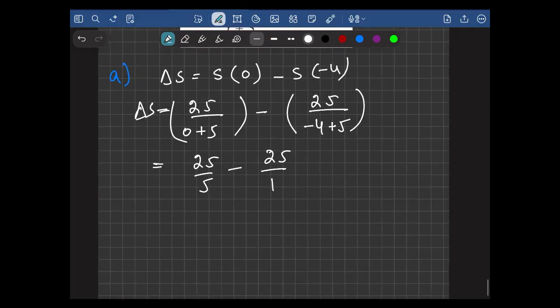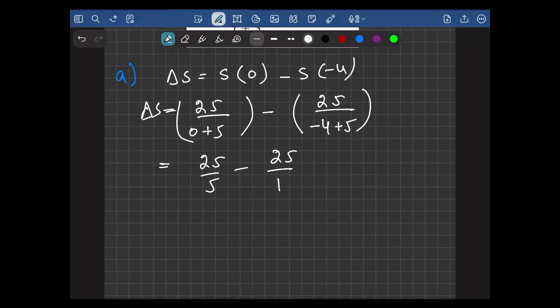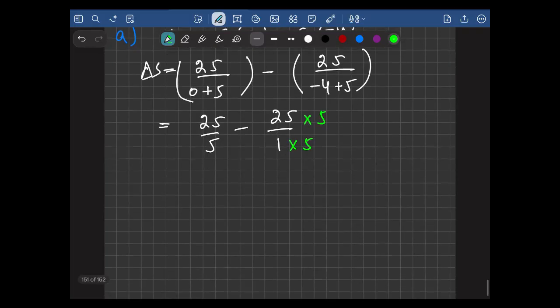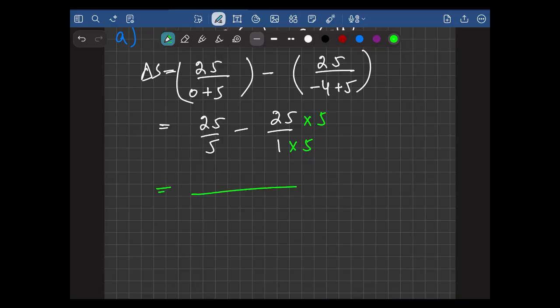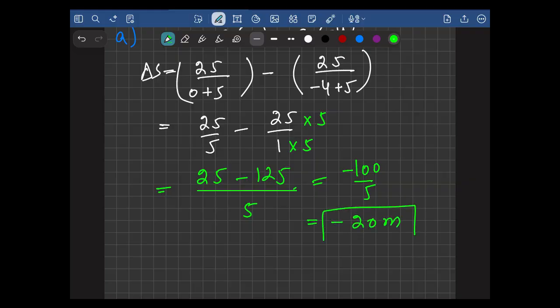We can't do anything except make the denominators common, so I'm going to multiply this side by 5 and this side by 5 as well. So our common denominator becomes 5, so 25 minus 125, which equals minus 100. So it's minus 100 over 5, which gives us minus 20 meters. So this is the displacement.